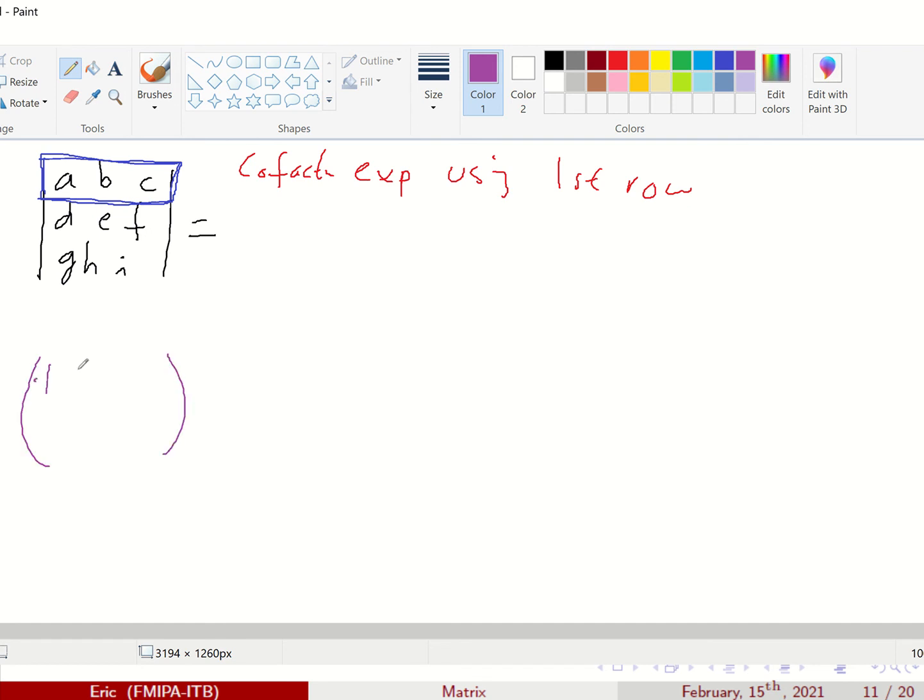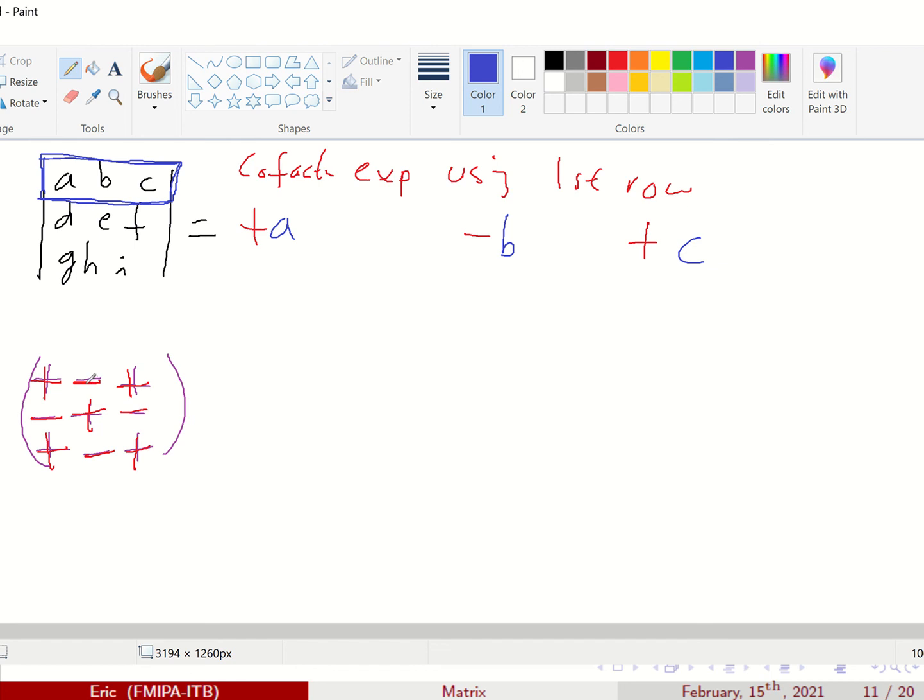For a 3 times 3, the signs are plus, minus, plus. So you have plus, minus, plus of A, B, C. The sign first: plus corresponds to the first column, first row.